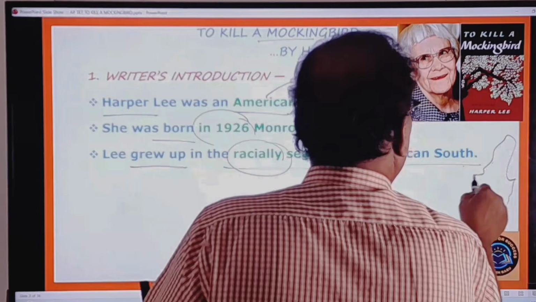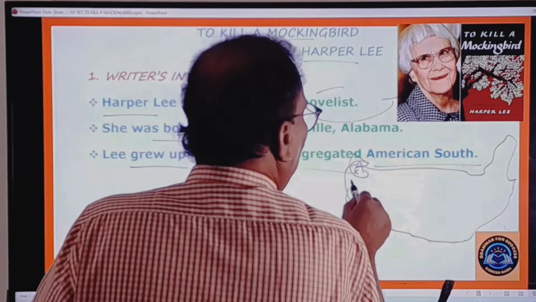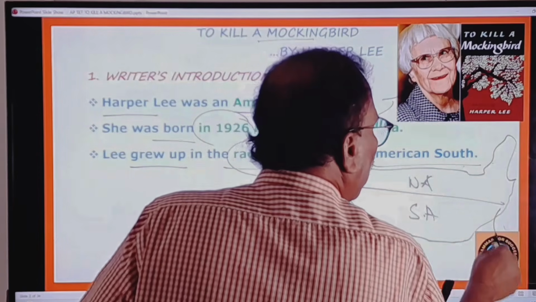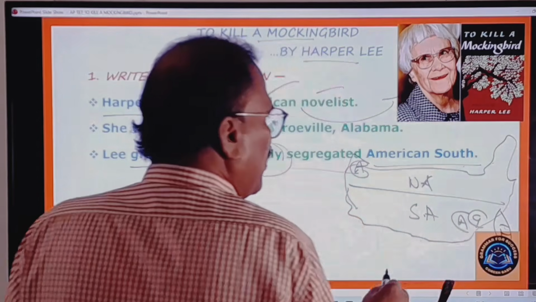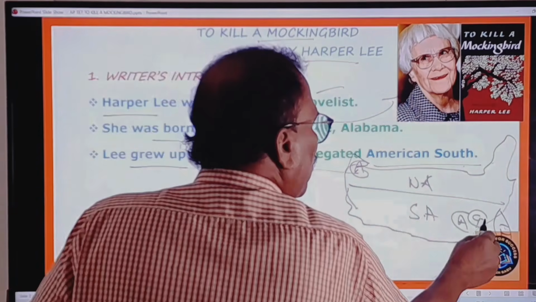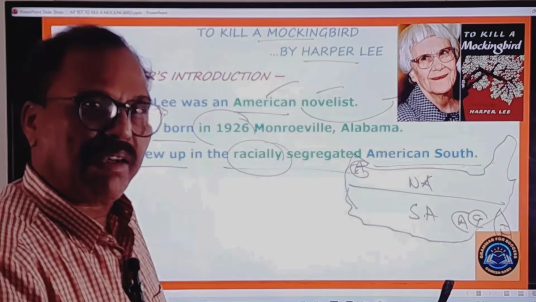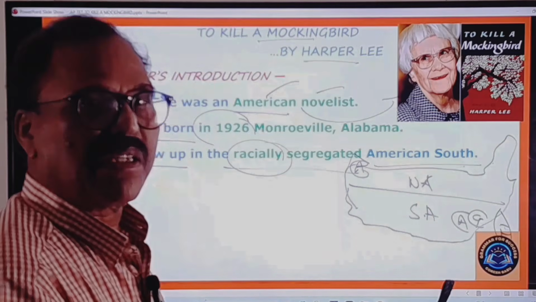So this is Oregon, and this is Northern America, this is Southern America. So in Southern America, this is Florida, and here Georgia, here Alabama is there. So in Alabama state only she was born, and this is the Georgia state, in which there is a city called Atlanta, and in that Atlanta, right now, I am staying with my sons.